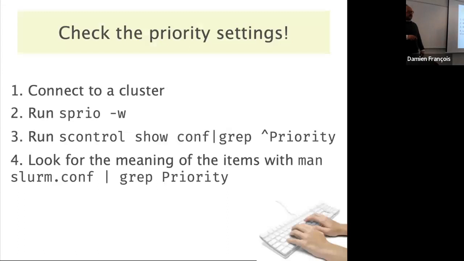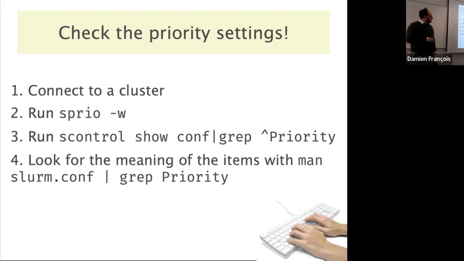If you run sprio as is, you will see the priorities of all the jobs, and you will see how the priority is computed for all jobs. And if you use -w, you will see actually the weights associated to each term in the computation of the priority. And you will see that on some cluster, the job size has a large weight, on some other, the fair share has a large weight, and so on.